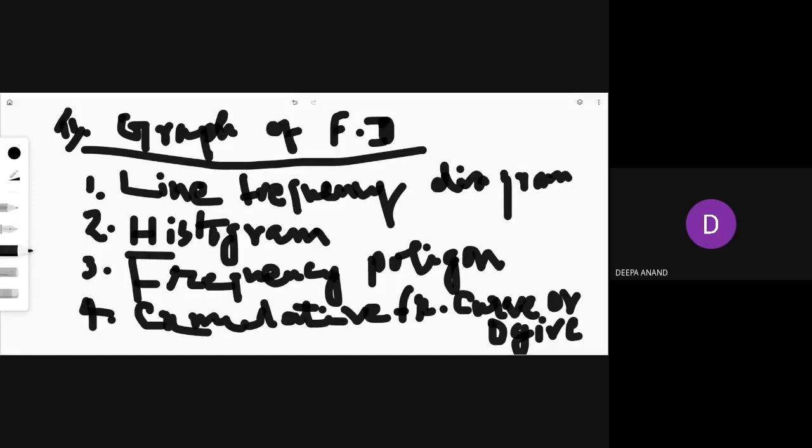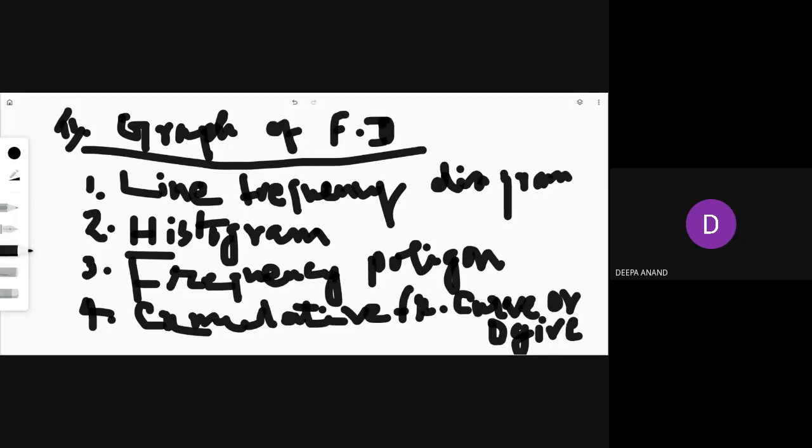I read it once again so that it becomes clear to you. The graph of frequency distribution shows the frequency. Frequency means the number of items against each observation. First, line frequency diagram, then histogram, then frequency polygon, then cumulative frequency curve or ogive.